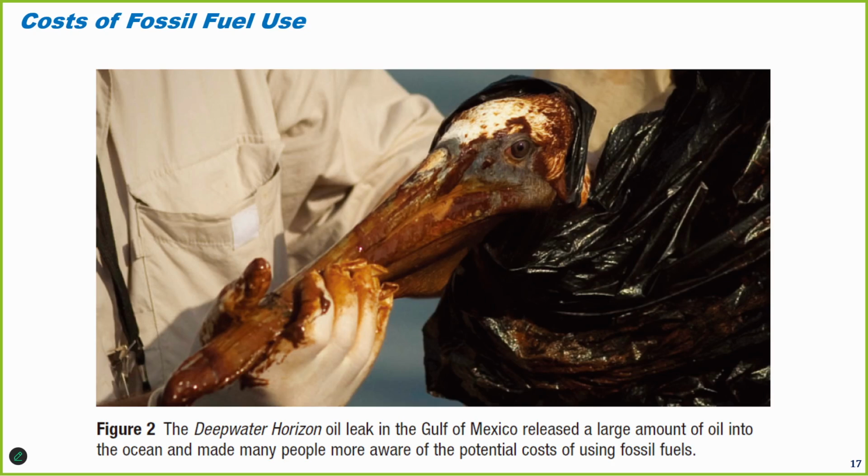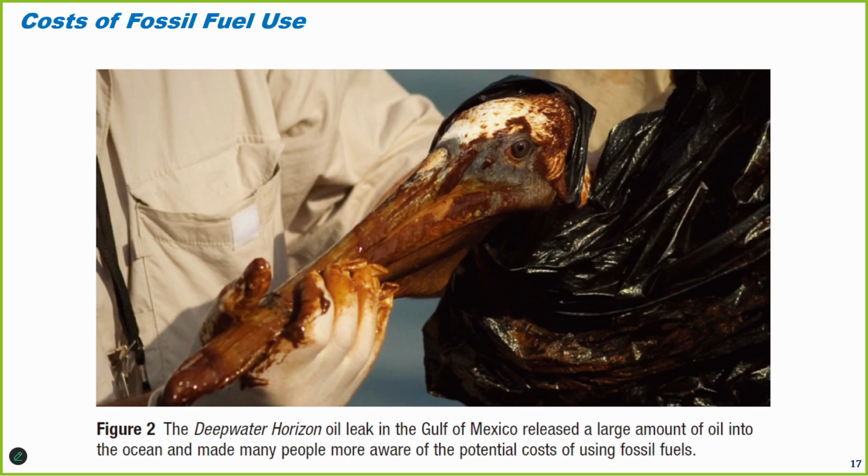For example, the combustion of coal that contains high quantities of sulfur releases sulfur dioxide gas. When sulfur dioxide gas combines with water in the atmosphere, sulfurous acid is formed, which falls as acid rain. Extracting and transporting fossil fuels can be dangerous as well.